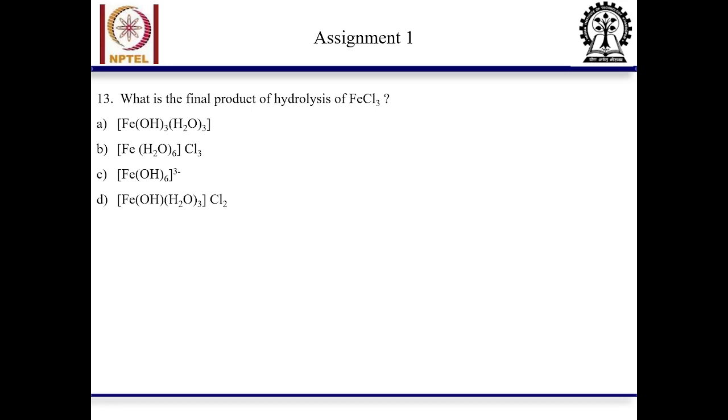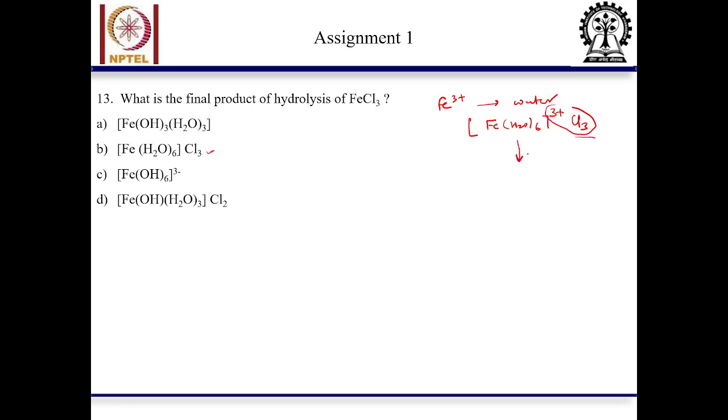Okay, so I think this is in lecture number one only. So what happens if we put Fe3+ ion, like an Fe3+ solution, in water? Basically first it will form [Fe(H2O)6]3+. Here we have 3 Cl-, so this is balanced. This is the initial product which is forming, but it is not stable at neutral pH.